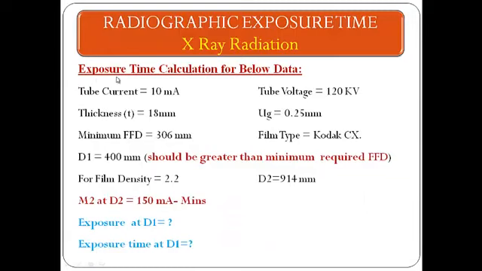So we have to calculate the exposure time for this data. Let's suppose the tube current is equal to 10 milliampere and tube voltage 120 kilovolt. Thickness we knew 18 mm and UG 0.25 mm, which we selected, and from the UG value, the minimum FFD is equal to 306 mm.